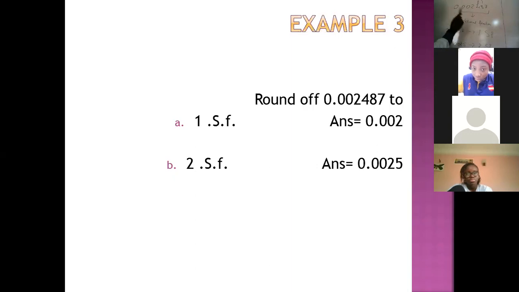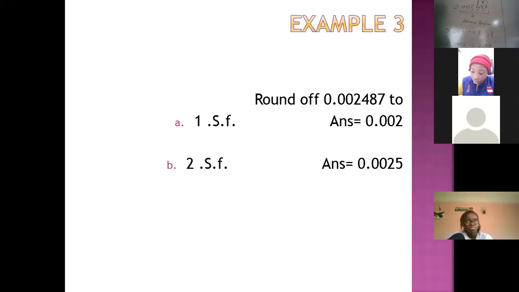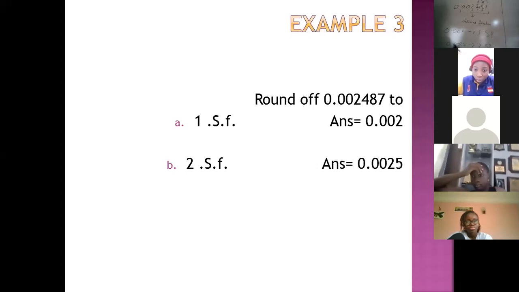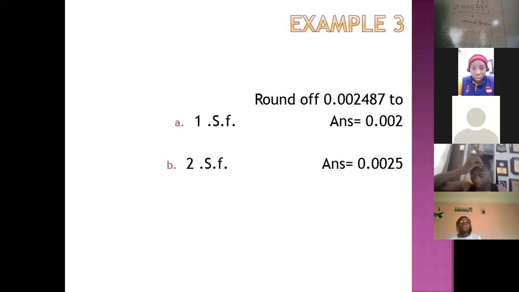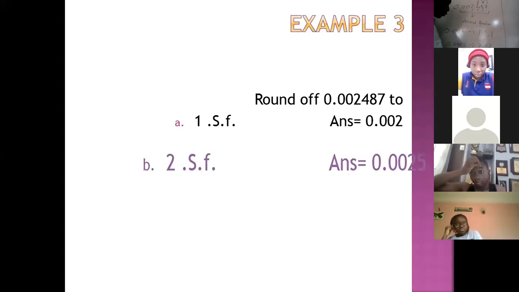The first non-zero is the first one, this is the second, and 8 is the third. But the fourth number is 7, which is rounded up to become 1 and added to 8. So we have 0.00249. That gives us 3 significant figures.